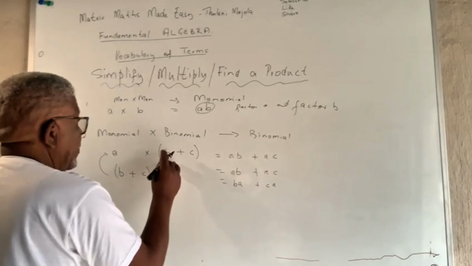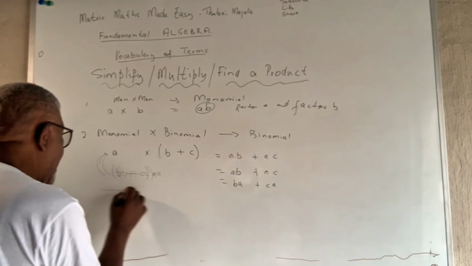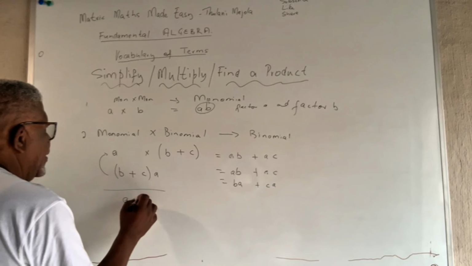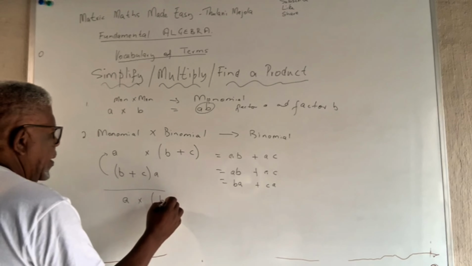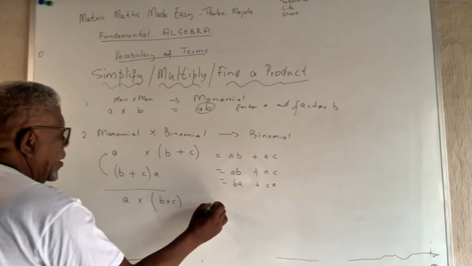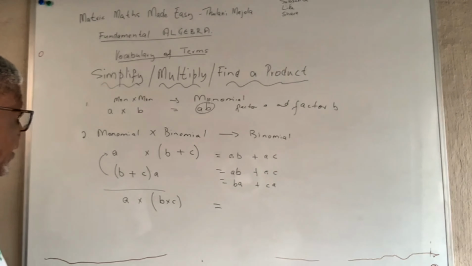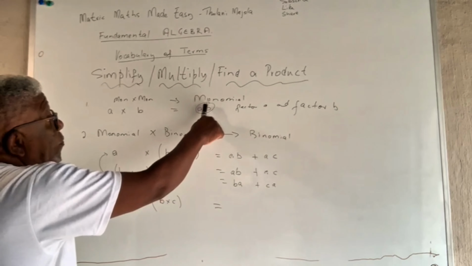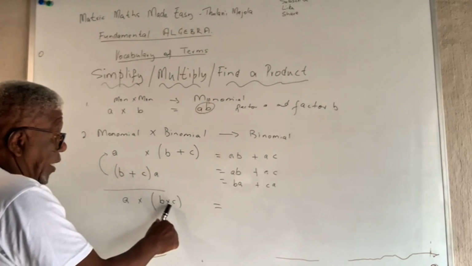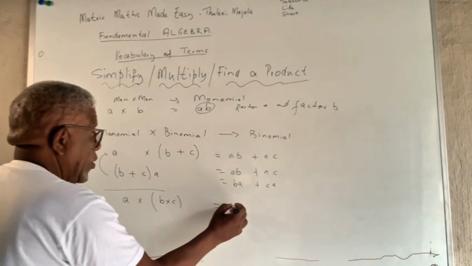But you must note now that these are terms. If we have A times B times C, this is a monomial by a monomial, because the product of two terms is a monomial. So you'll get ABC.